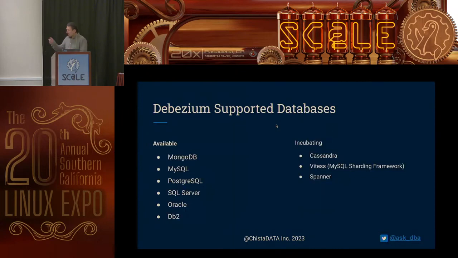So going back to Debezium, from their website, it currently supports all these databases. We always talked about the open source OLTP databases, but as of today, it has GA level connectors for all these data stores.